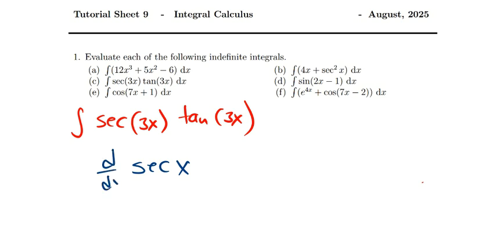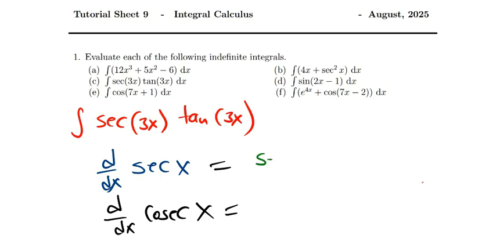So the derivative of secant of x and then also the derivative of cosecant of x. So I said the mind map we were creating together was the fact that these start with themselves, right? So that would be secant of x. Okay, that's the first part.